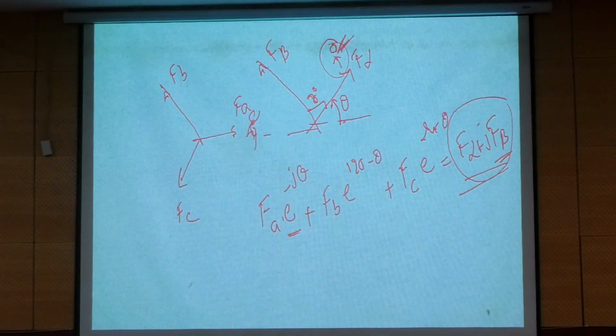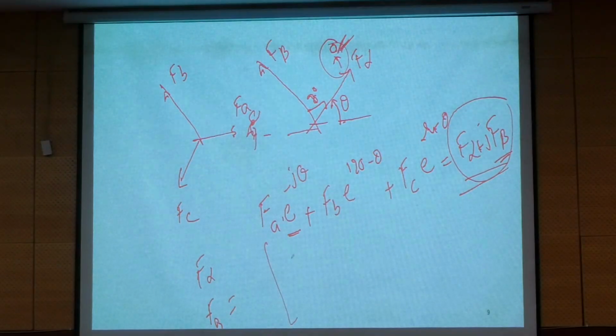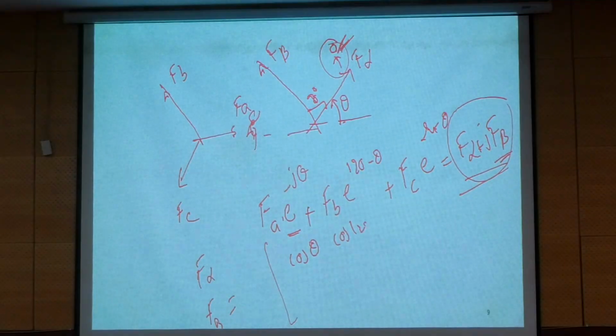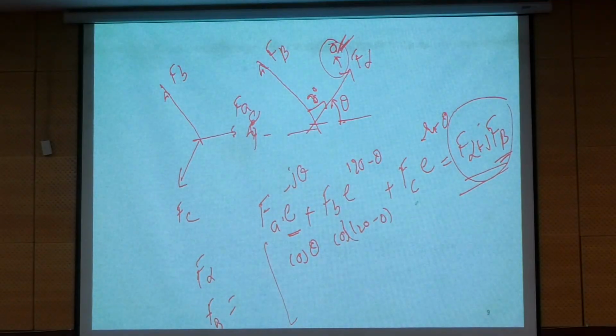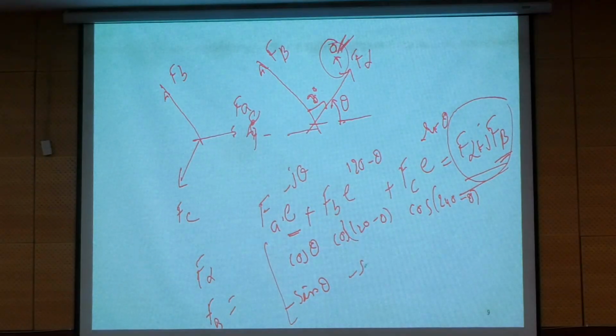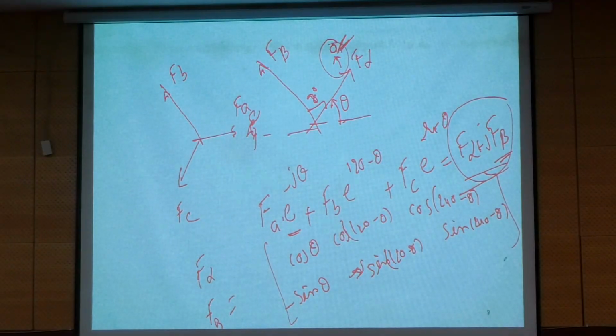If you solve this equation, you will get f alpha, f beta equal to the matrix with cos theta, cos of 120 minus theta, cos of 240 minus theta, next minus sin theta, sin of 120 minus theta, sin of 240 minus theta. Clear? This is the transformation matrix.